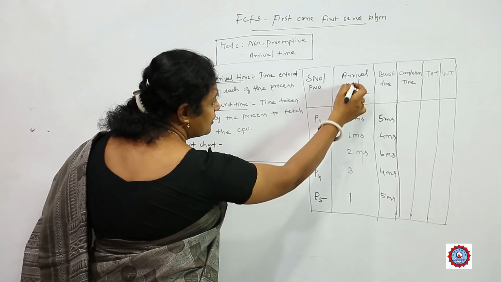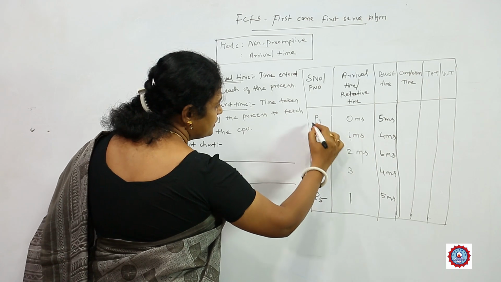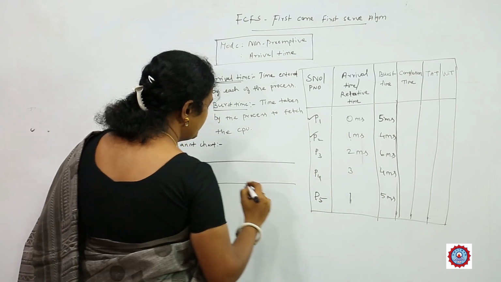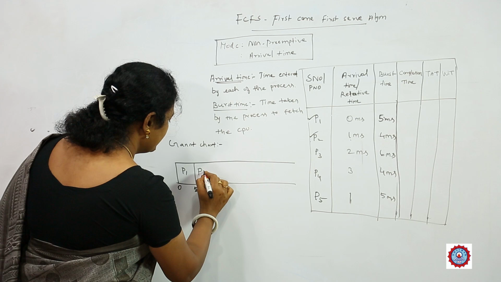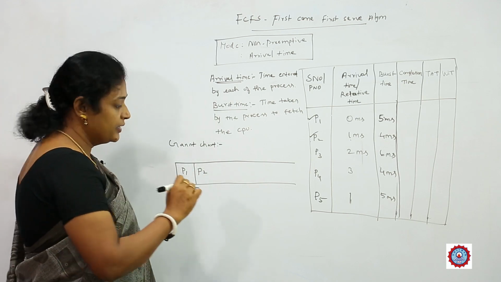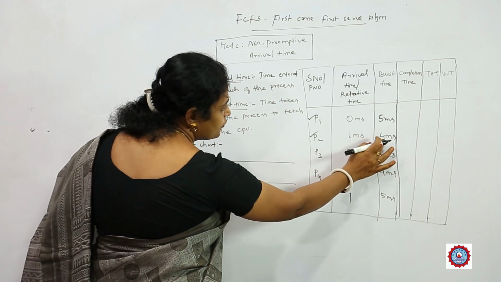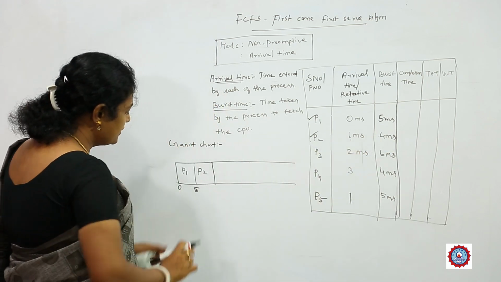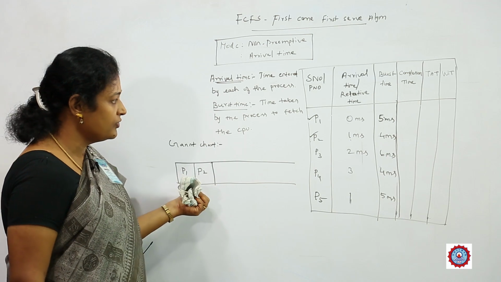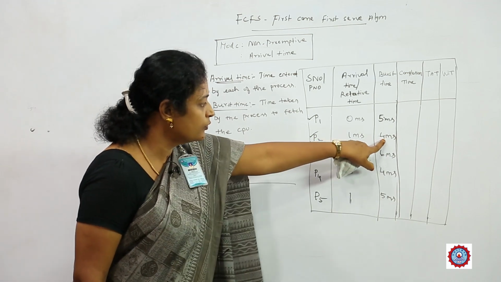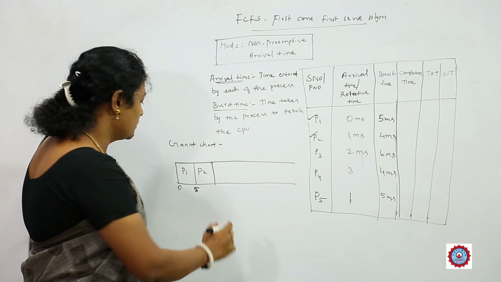Then next comes, based on the arrival time, the next process, P2. It will be allocated into the running state, and how long does it take? 4 milliseconds.